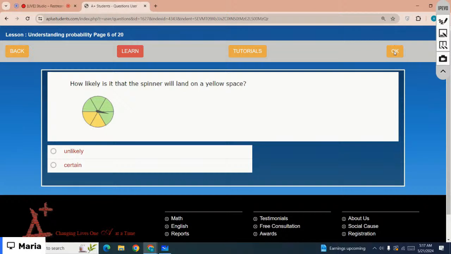How likely is it that the spinner will land on the yellow space? So, which is the correct option?